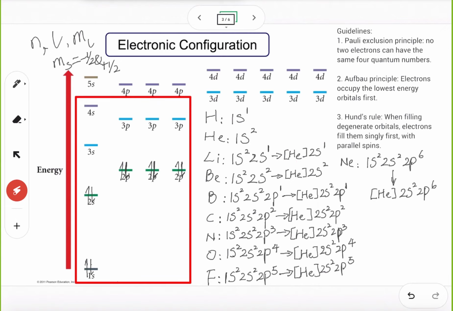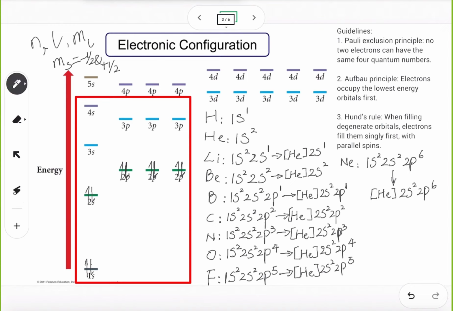As I mentioned, the helium is the noble gas core electronic configuration. We use helium with the brackets to represent the 1s2 electrons. So we call these the core electrons, 1s2 core electrons. And the 1 electron on the 2s orbital, 2s1, is the valence electron.